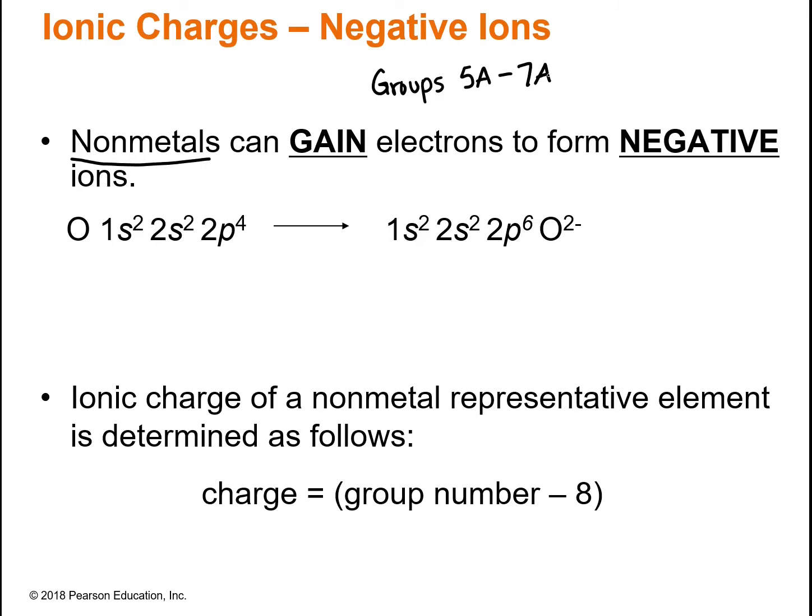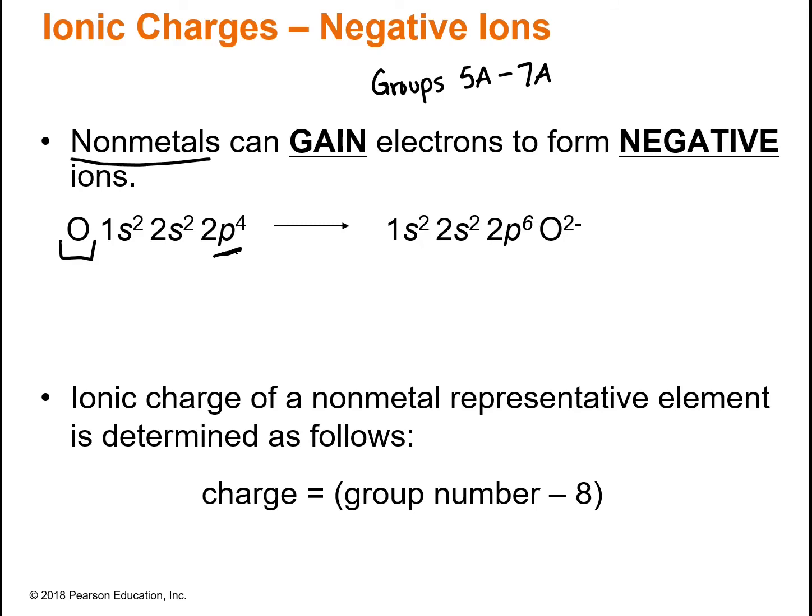If you were to write the electron configuration for an atom of oxygen, this is what it would be: 1s2, 2s2, 2p4. Since it's going to gain electrons, the only place we can put those electrons is in the p.